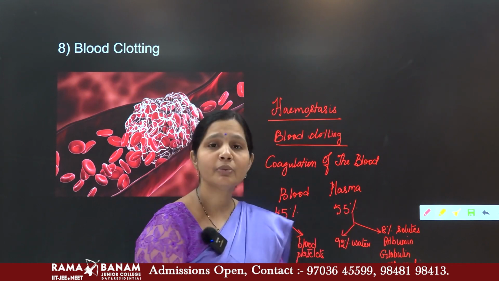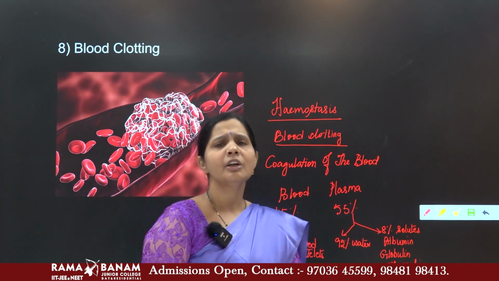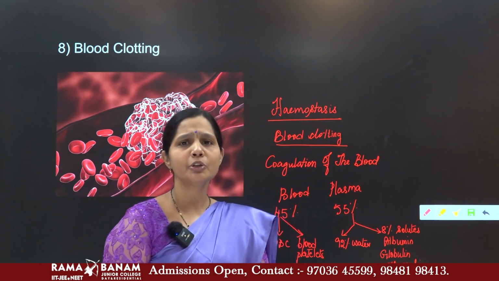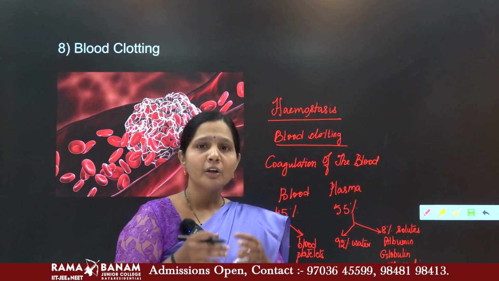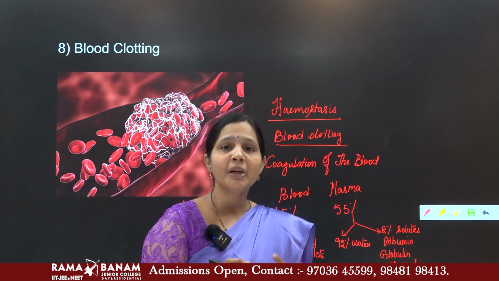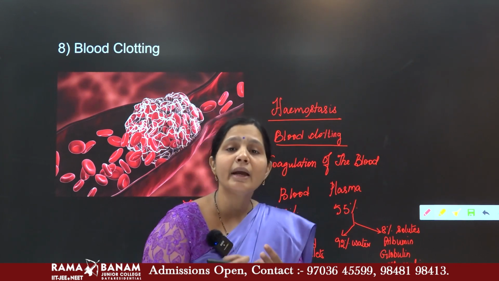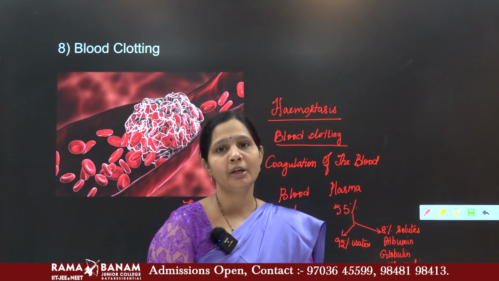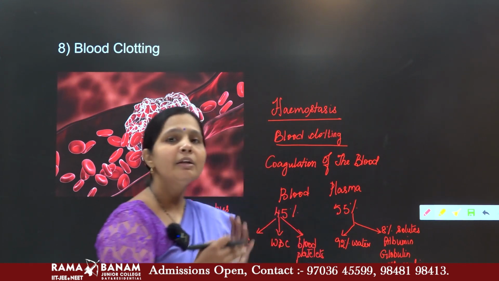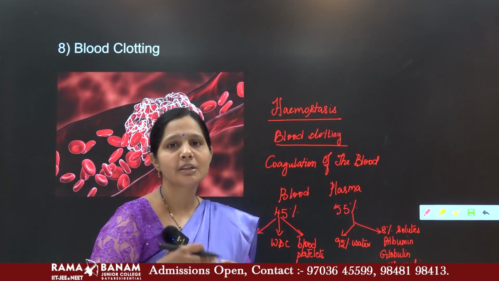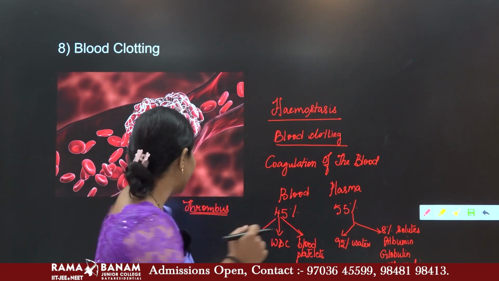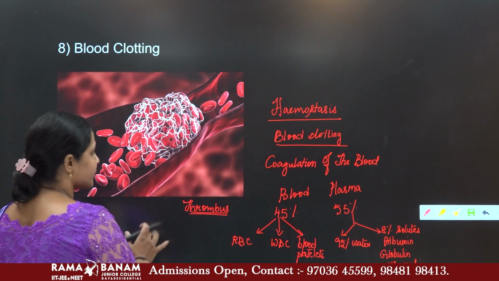That is the mechanism which we are going to see now. Whenever there is a cut in the blood vessel or in a tissue, the platelets will adhere to the injured part, and some steps take place enhancing the blood coagulation. So let us see what those steps are.